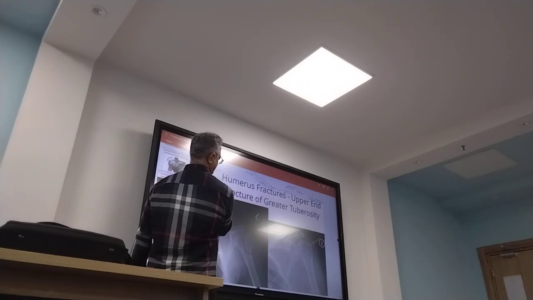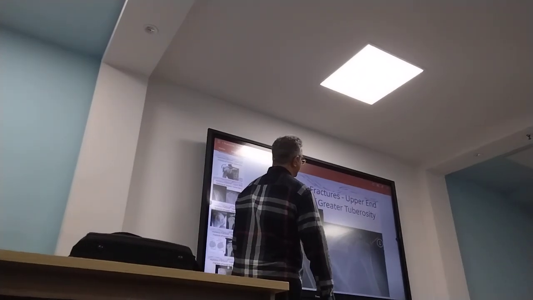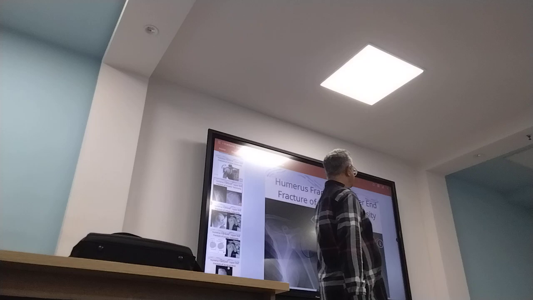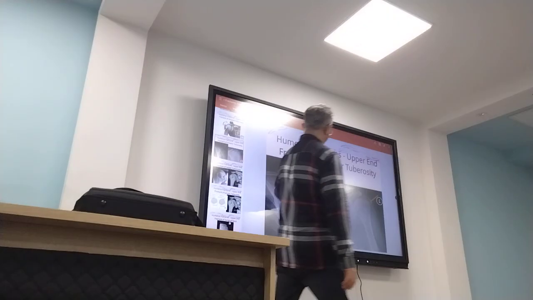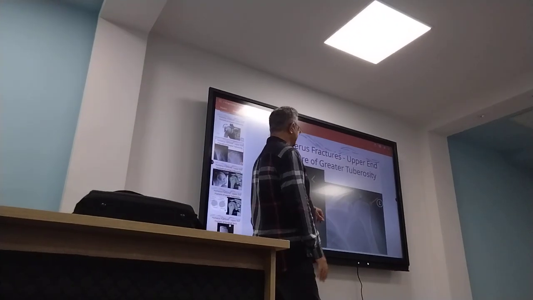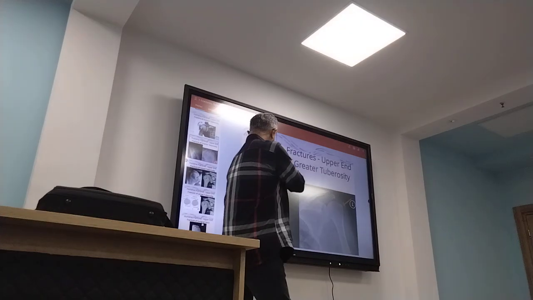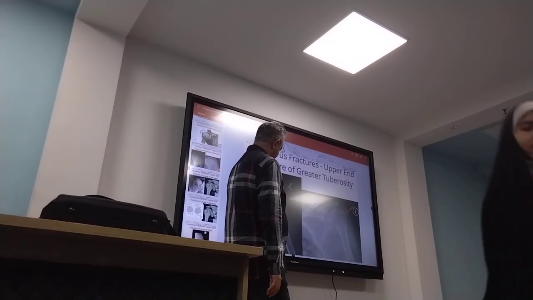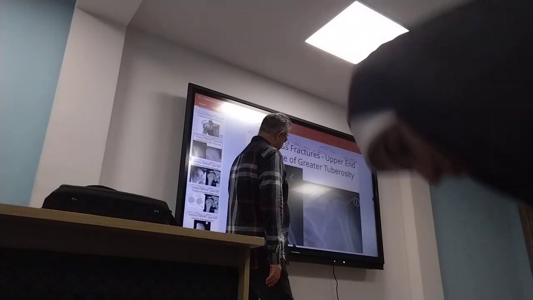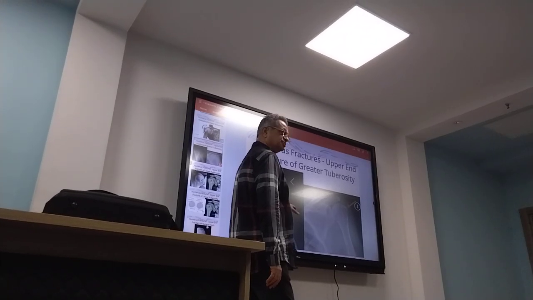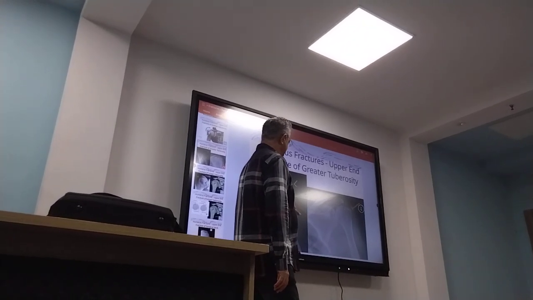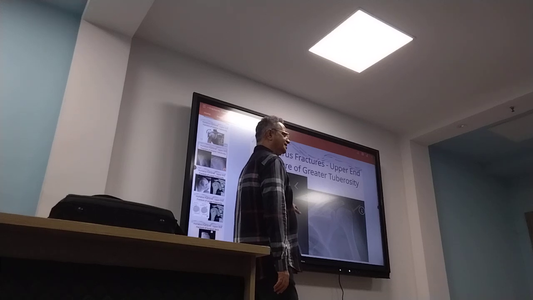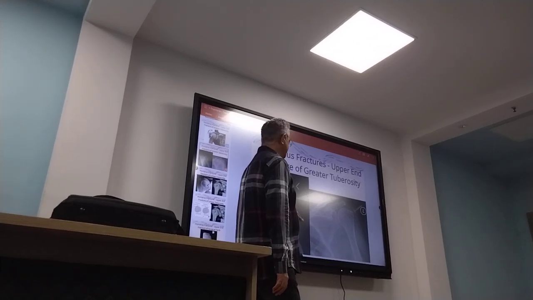Okay, I think you have the picture right now. This is an X-ray. You can see that this is a kind of detachment of the bone. It should be the greater tuberosity.